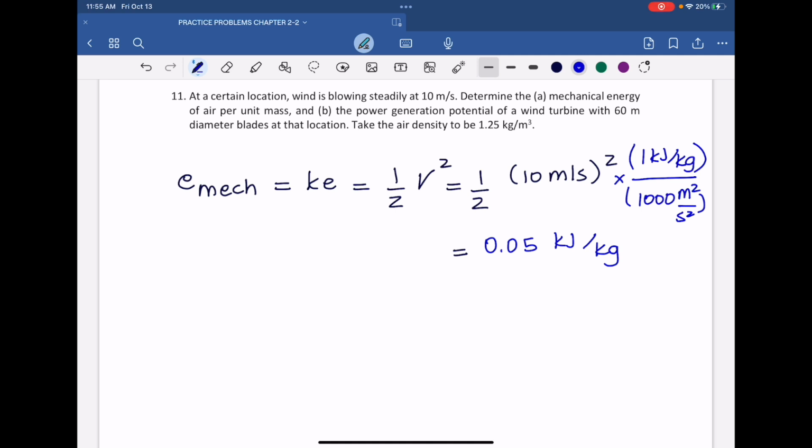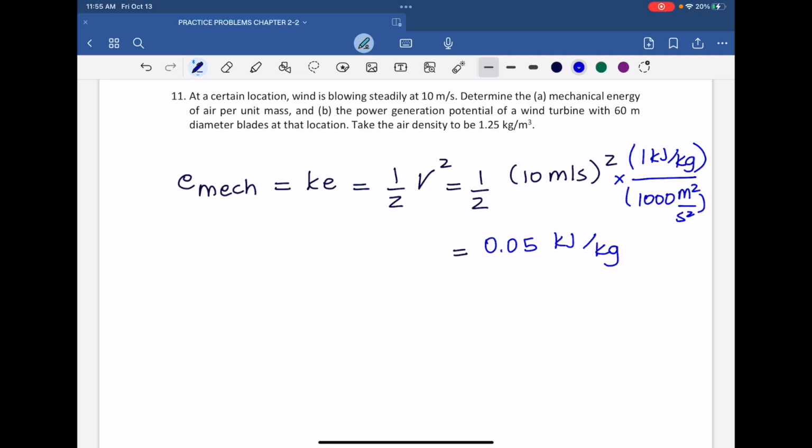So this is the mechanical energy per unit mass for the wind. In 1 kilogram of this wind, there is an energy of 0.05 that is capable of doing work, meaning rotating the wind turbine.